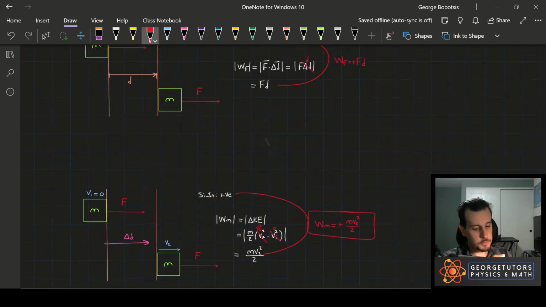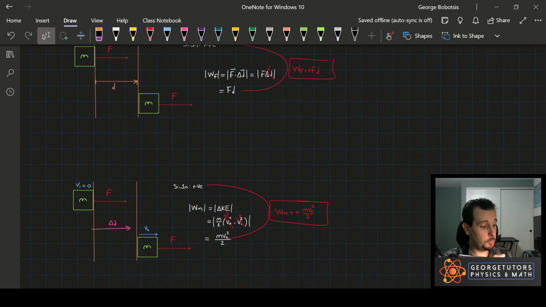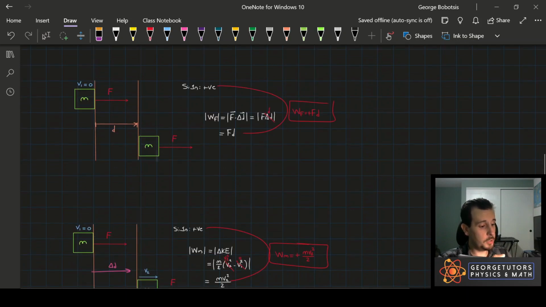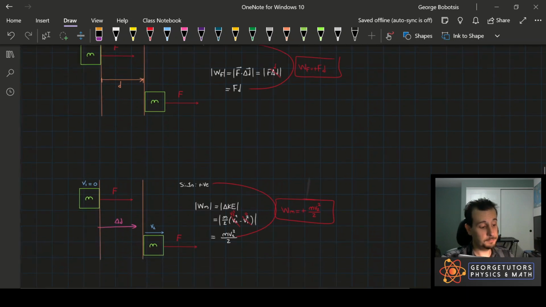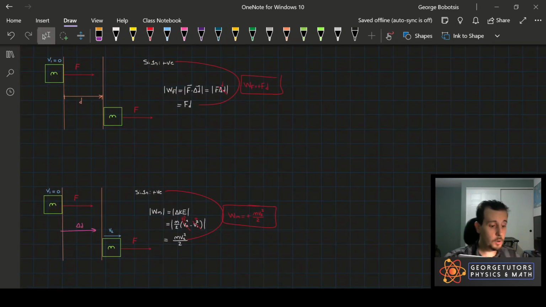You can see that it differs very much from the previous because I'm given a different set of variables. I'm given velocities in this one versus the actual distance traveled in the previous one. But these are equivalent descriptions, just seen from a different variable set. So that's all I wanted to talk about. You can do some examples of your own and try to determine the sign first of the work done by looking at your displacement vector versus your force vector that you're analyzing.